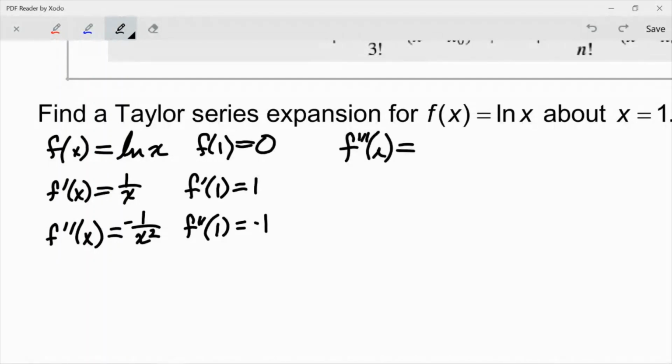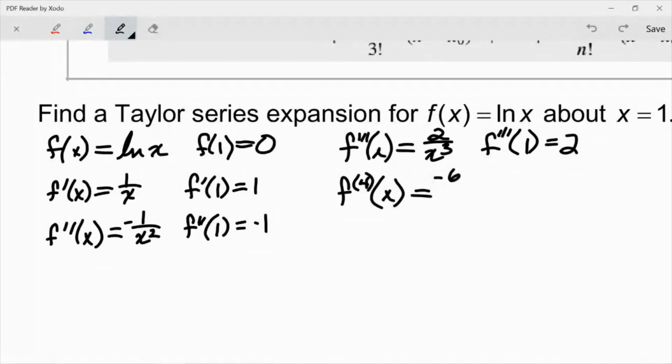That would give me +2 over x cubed. And if I evaluate that third derivative at 1, that's going to give me 2. And then I'll go to the fourth derivative. That should be enough terms for us to identify this. So the fourth derivative would be -6 over x to the fourth. And when I see that fourth derivative at 1, I can see it's -6.